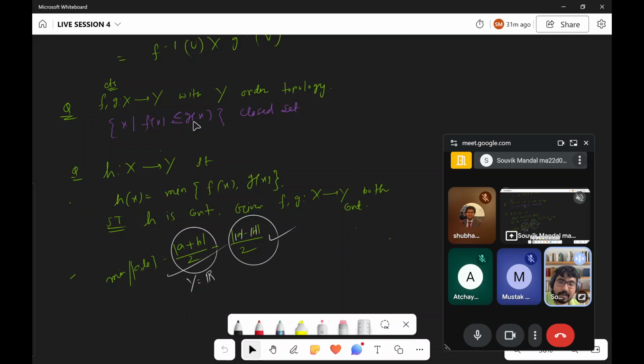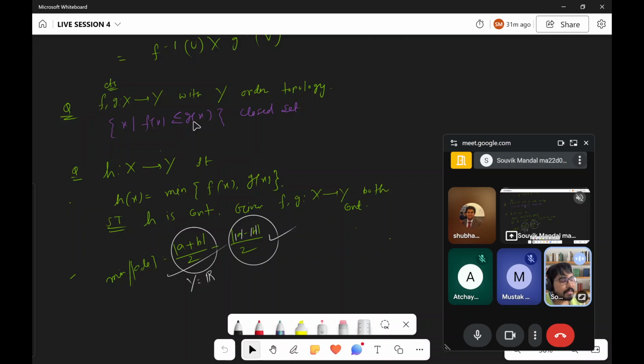For capital A and capital B you need to use sets like the set of x where F(x) is equal to G(x). So this kind of thing you need to use. Think about it, take your time. This shouldn't be difficult. We have to take inverse images.